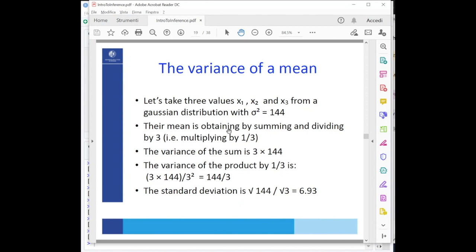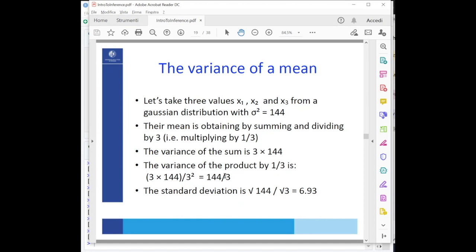Right? Then if I want to calculate the mean, first I sum, and then I divide by 3. But then the new variance is divided by 9. So the variance of the sum is 3 times 144. The variance of the sum multiplied by 1/3 is 3 times 144 divided by 3 squared. That is 144 divided by 3. So, what do I expect from the mean?